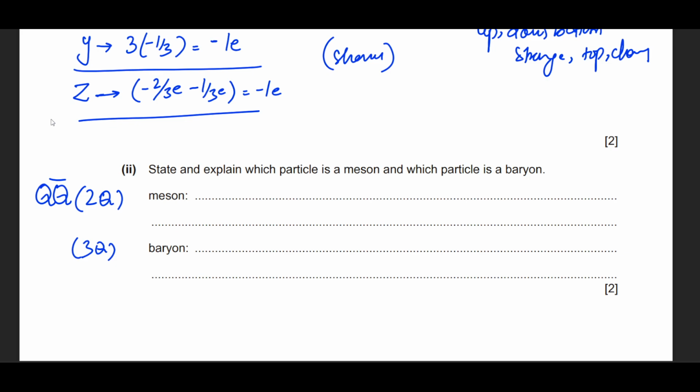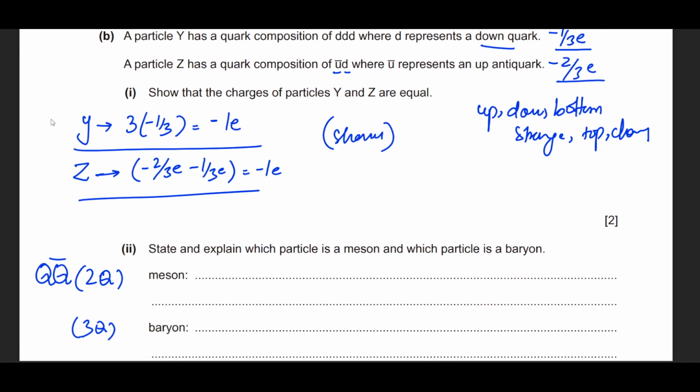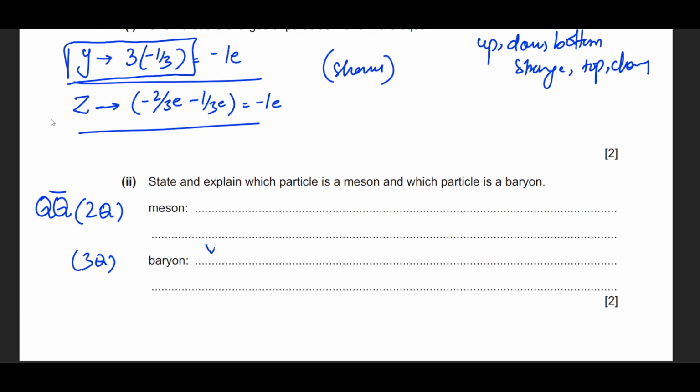We don't care. So how do we justify which is which? I can see that Y is made out of 3 quarks, so this must be a baryon. So Y is a baryon, and the reason to justify this is that it has 3 quarks. And Z is a meson because it has a quark coupled with an anti-quark. This is special for mesons, right?